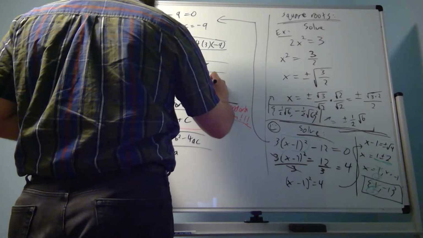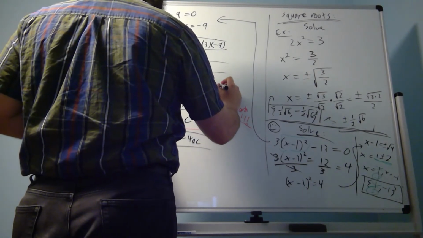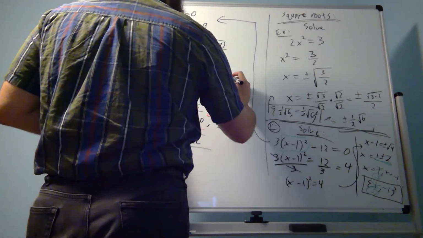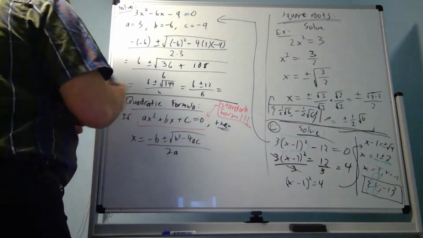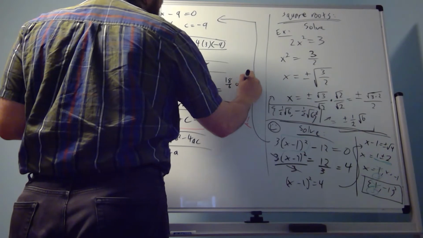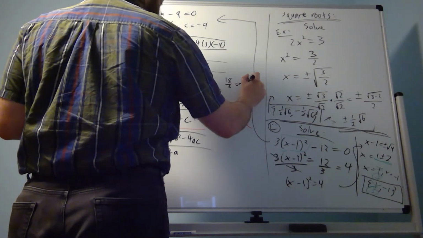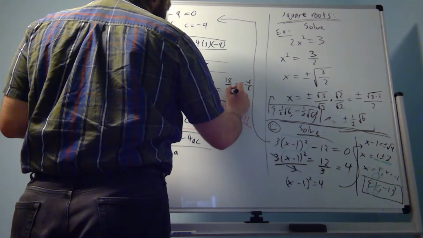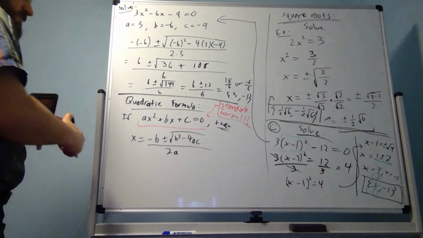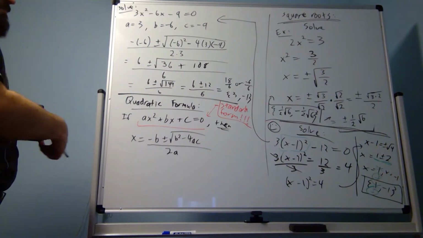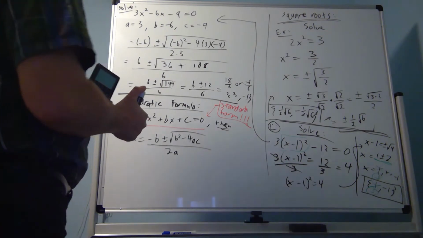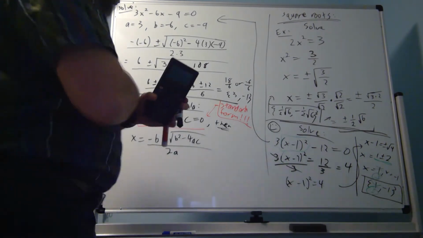Well, 144 is actually 12. So we get either 18/6 or -6/6, which is also known as +3 or -1. So yeah, that checks out.